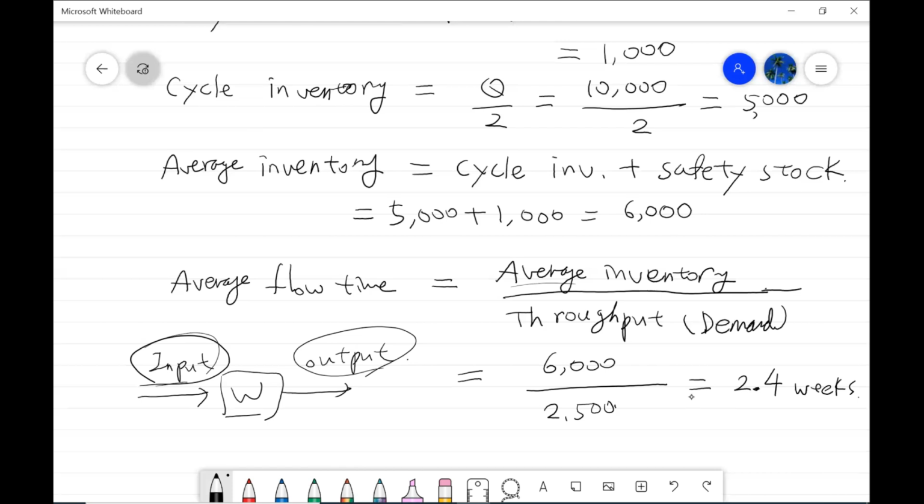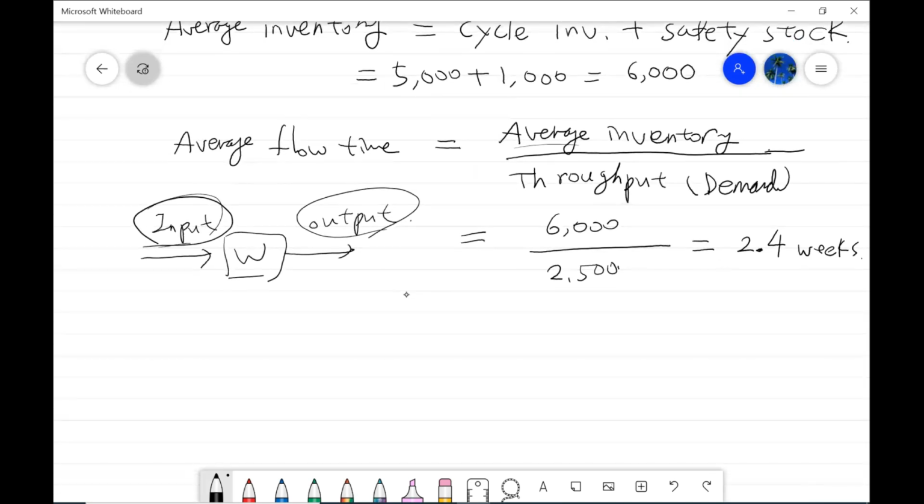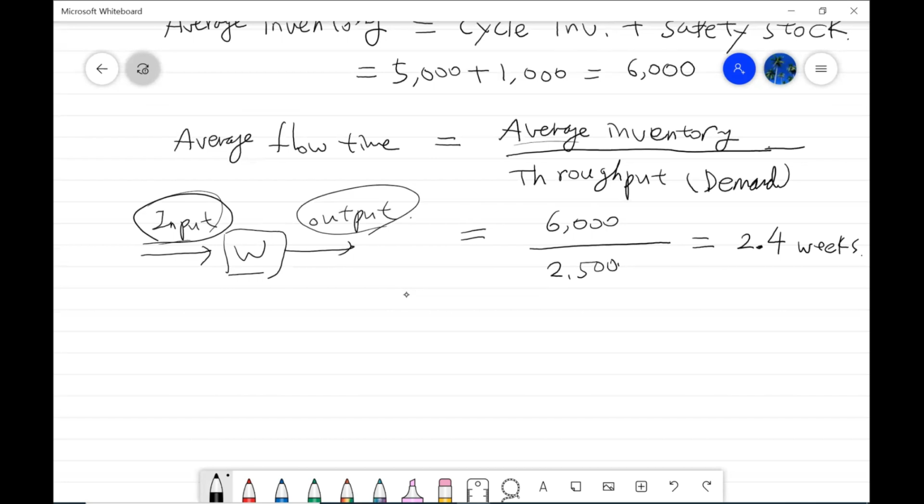And then next, before I move on, the next topic is how to evaluate cycle service level. Cycle service level is one of the ways to indicate product availability.